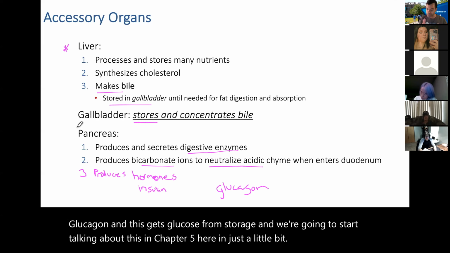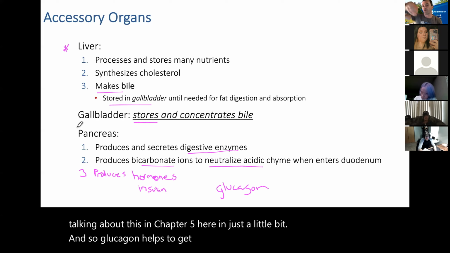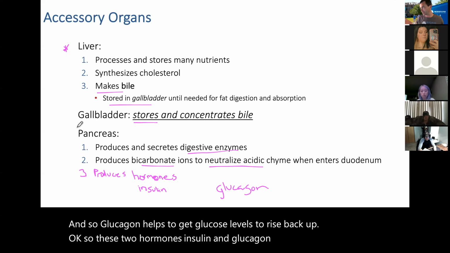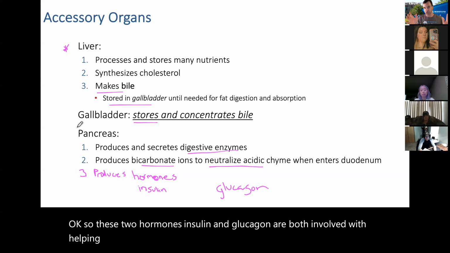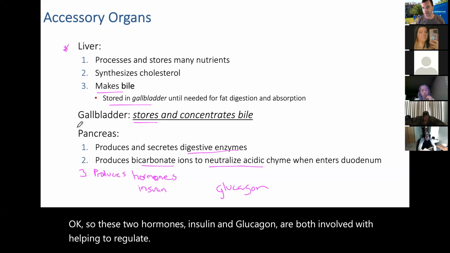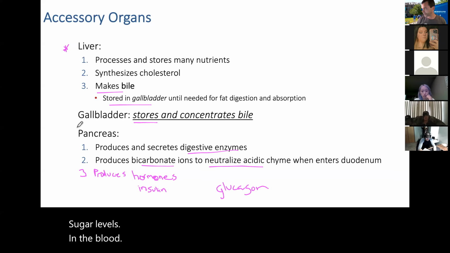Glucagon helps to get glucose levels to rise back up. So these two hormones, insulin and glucagon, are both involved with helping to regulate sugar levels in the blood, and we'll dive into that a lot more in chapter 5.